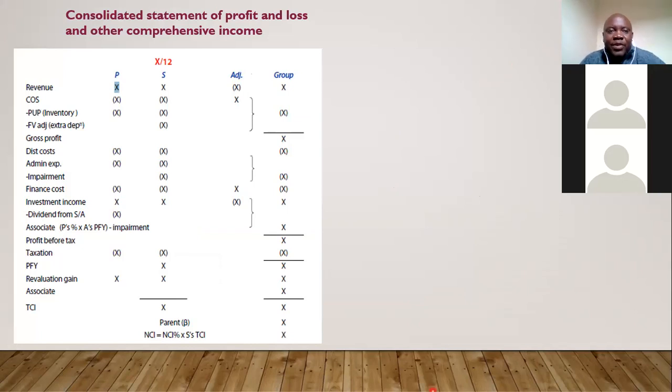So we look at the consolidated statement of profit and loss and other comprehensive income, and how we should consolidate the two income statements, that is for the parent company and for the subsidiary company. For the parent company, it's no brainer at all, because we'll get a whole 100%. For the subsidiary company, it entirely depends.